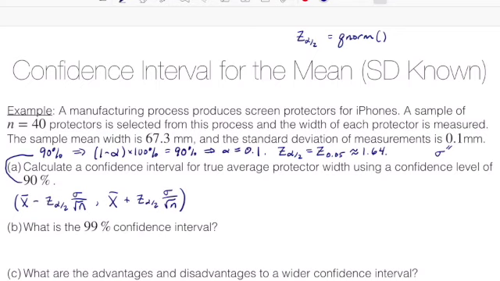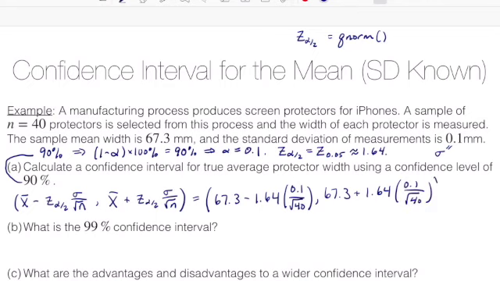And so from there, it's easy enough just to plug values in. So 67.3 minus 1.64 times 0.1 over the square root of 40, and then 67.3 plus 1.64 times 0.1 over the square root of 40.